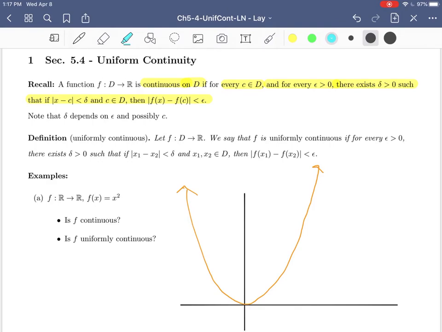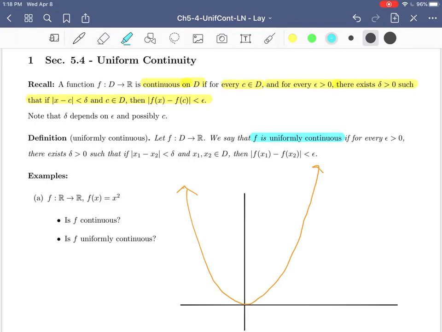We say that f is uniformly continuous if for every epsilon greater than 0, there exists a delta greater than 0, such that if the absolute value of x1 minus x2 is less than delta, and x1 and x2 are both elements of the domain, then the absolute value of the difference between the function values at those two places is less than epsilon.